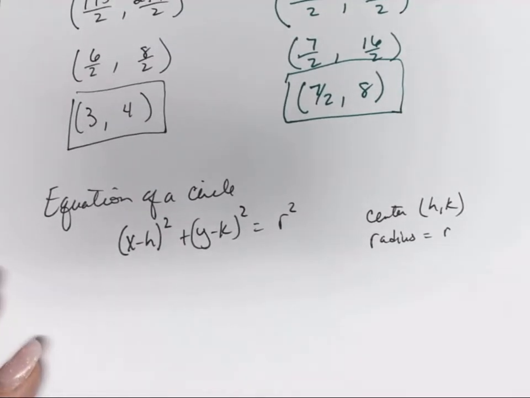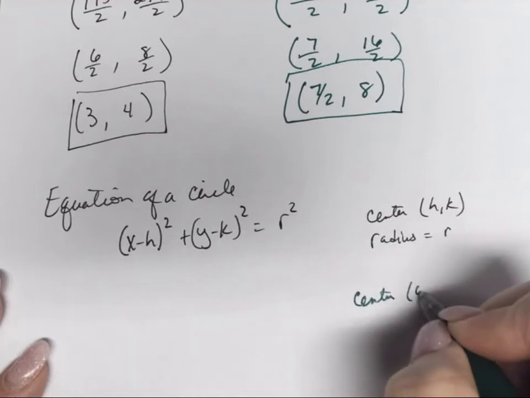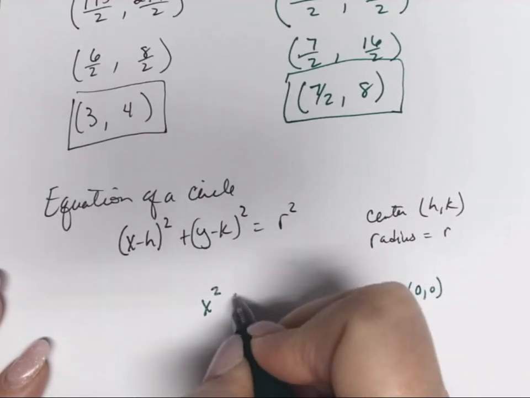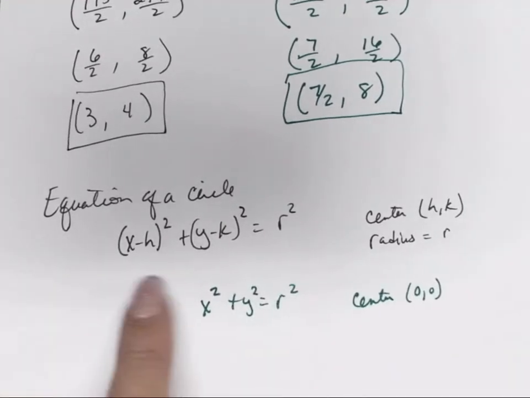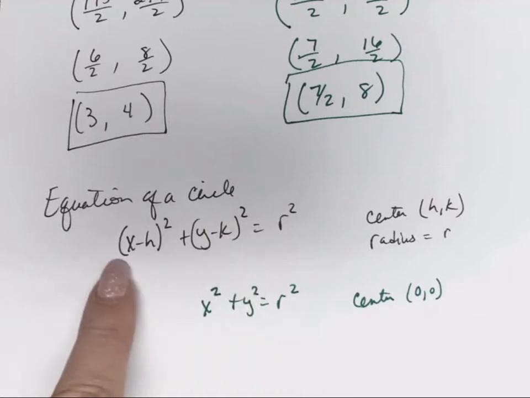Now, if we have a center of 0, 0, your equation would look like x squared plus y squared is equal to r squared. Because if the center is 0, 0, then all you're left with is your x squared, your y squared, and your r squared. So that gives us a little clarity.